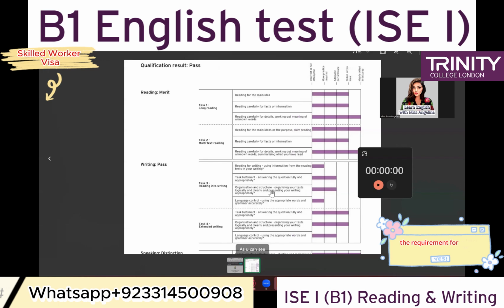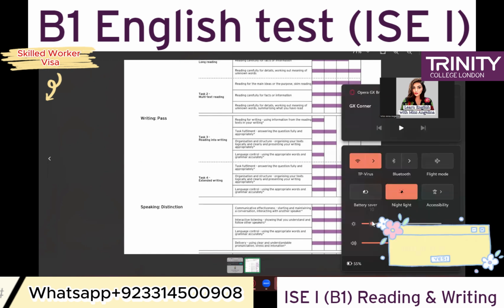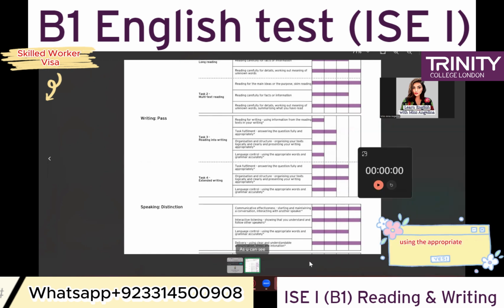The requirement for writing here for task 3 and task 4. Reading for writing, using information from the reading test in your writing; task fulfillment, answering the question fully and appropriately; organization and structure, organizing your text logically and clearly and presenting your writing appropriately; language control, using the appropriate words and grammar accurately.